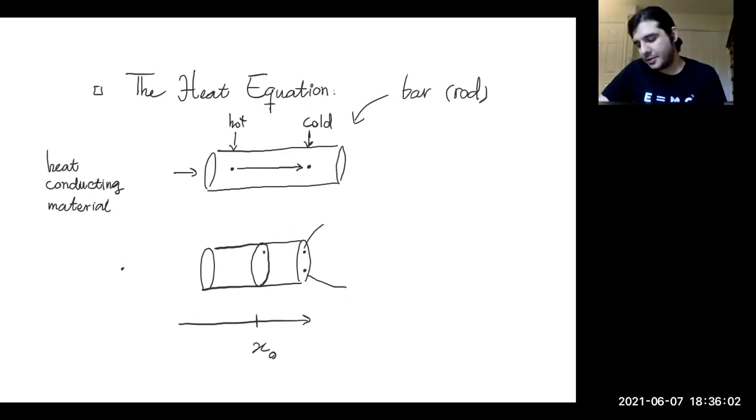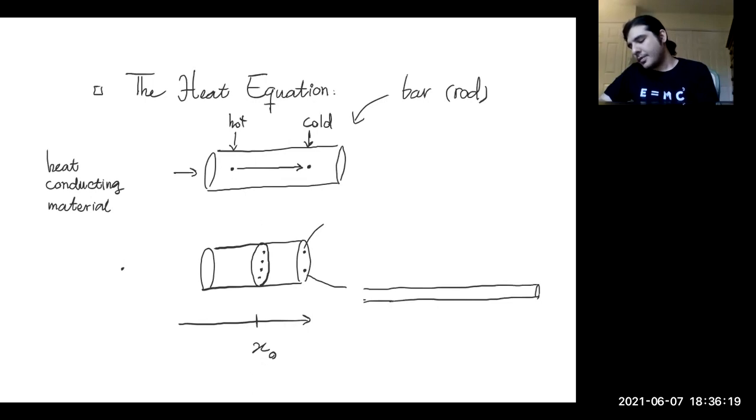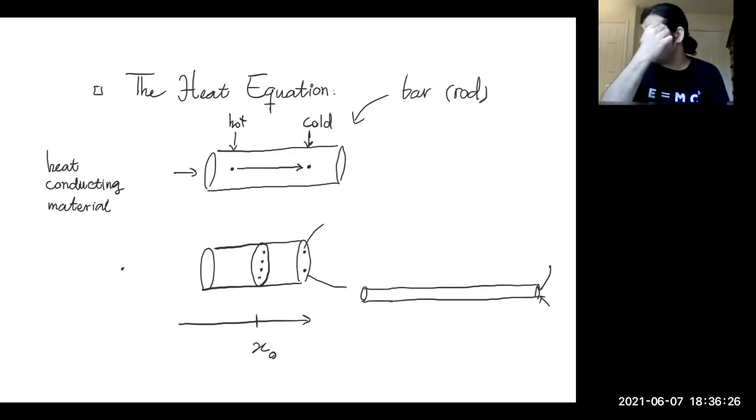This assumption makes sense if this rod is quite long and the diameter is not very large. Then different points in a cross section are very close to each other, and because they're very close, it makes sense to assume their temperature is almost equal. So that's one assumption we are going to have here.